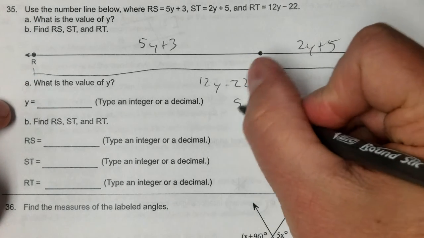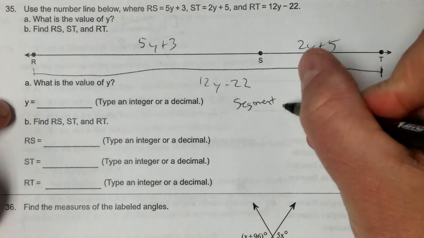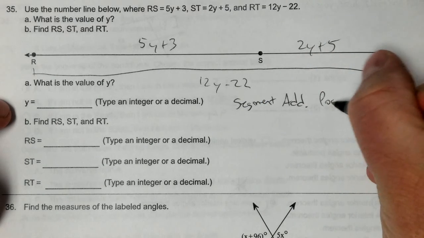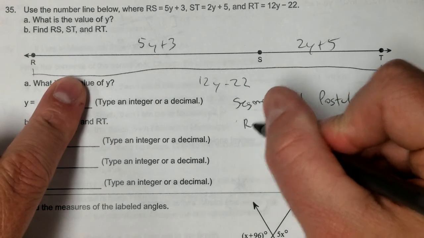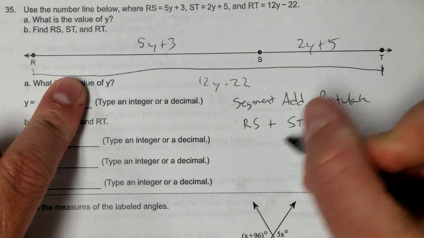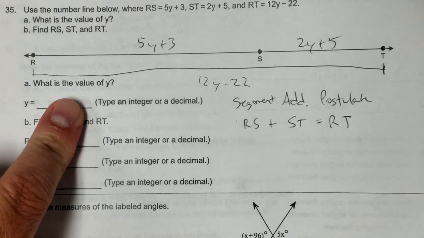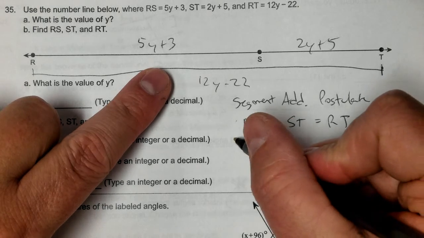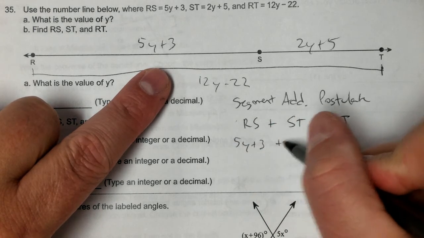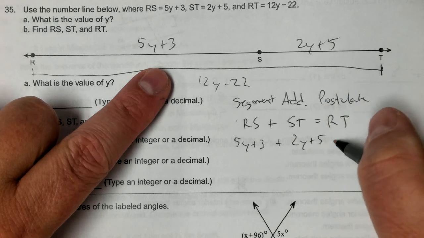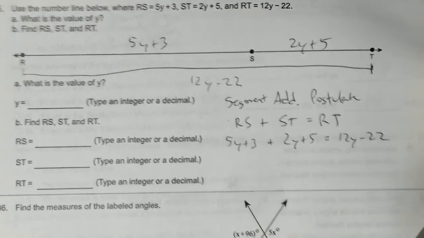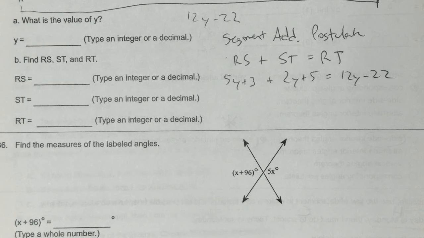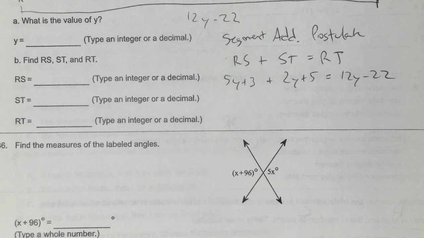This is called the segment addition postulate, where you do RS plus ST equal to RT. So we're basically doing 5y plus 3 plus 2y plus 5 equal 12y minus 22. So this is our segment addition postulate.